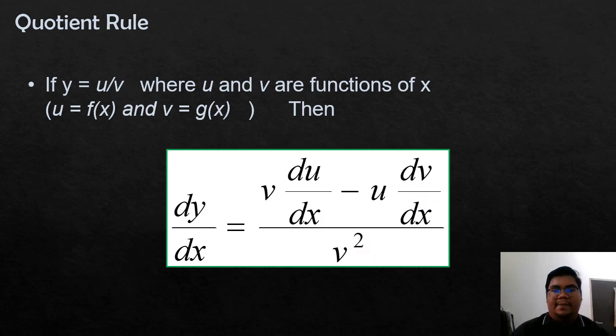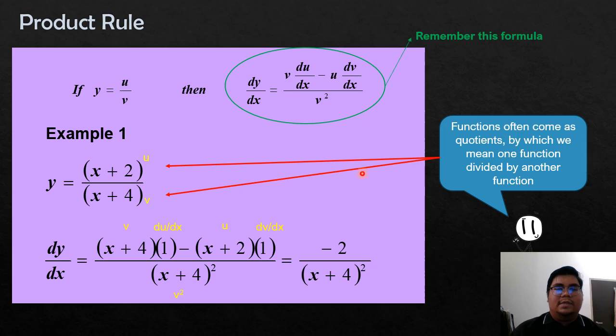So now, how do we apply these rules? Here we have a function y equals (x plus 2) over (x plus 4). Whenever you see a fraction sign, you can apply the quotient rule. You see here that we assume the top function as u and the bottom function as v. So dy/dx is equal to v du/dx, meaning v here, the function x plus 4, times du/dx.